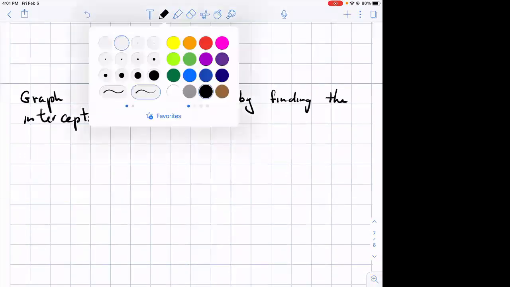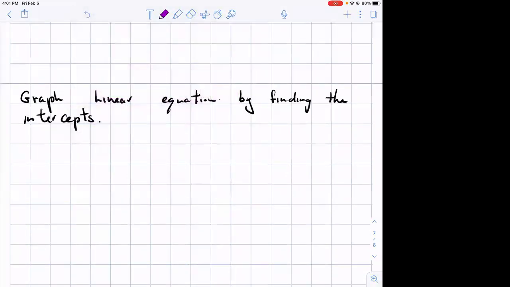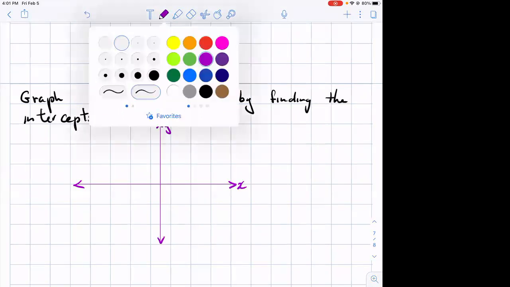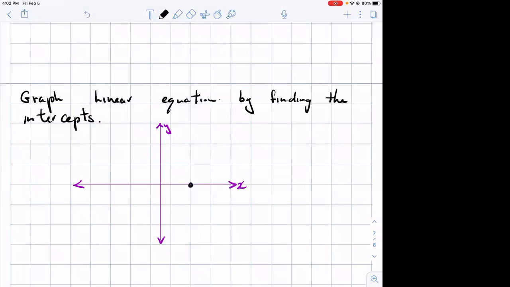Well, if we redraw the xy axis, there are two types of intercepts for linear equations. There is what is called the x-intercept, and the x-intercept is a point on the x-axis. So this point here is called an x-intercept.